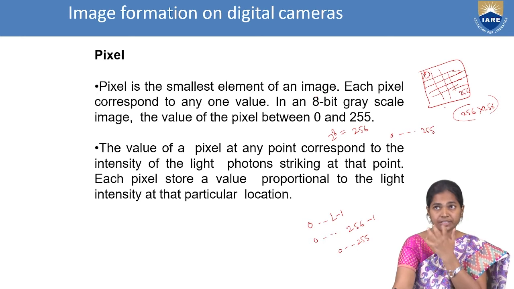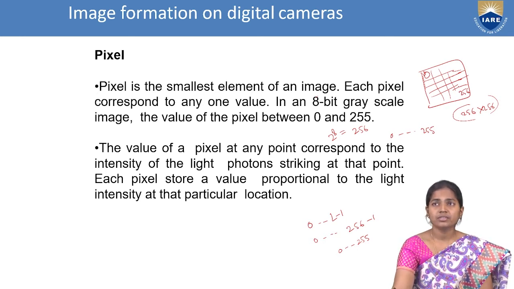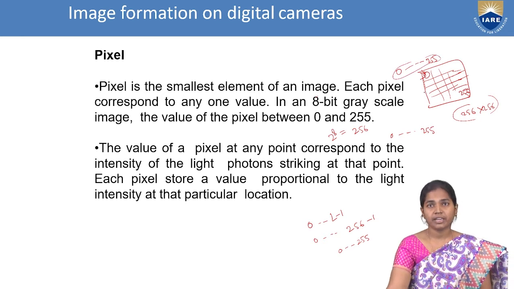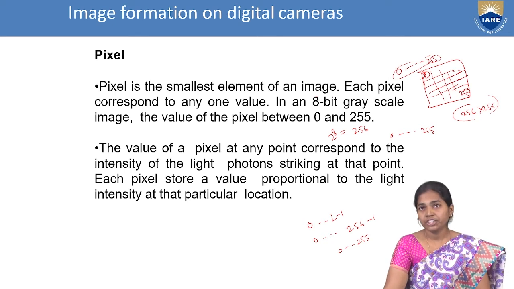Some pixel values are 0 and some are 255, meaning the minimum gray level is 0 and the maximum gray level is 255. So in total, how many shades are there? If we are using 8 bits in each pixel, we have a total of 255 shades.